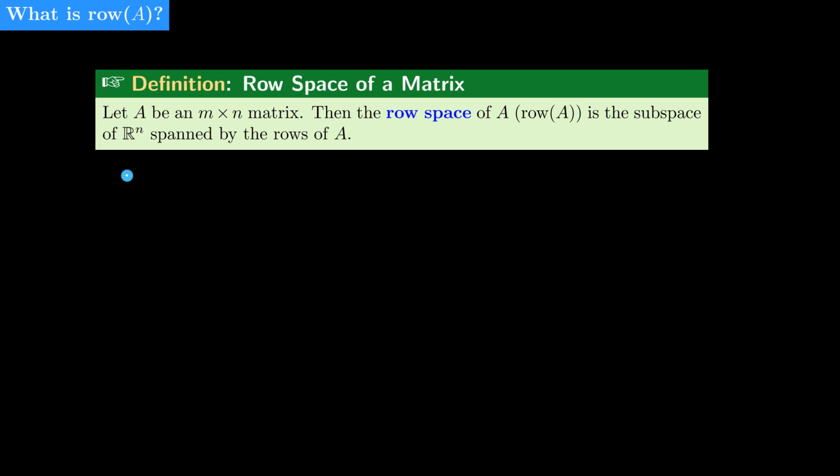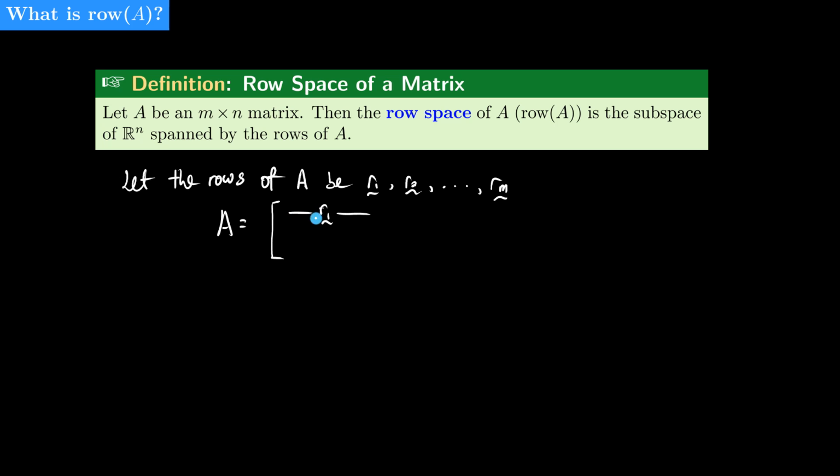So in this case, we let the rows of A be R1, R2, all the way to Rm. Then A can be expressed as the rows of the matrix R1, R2, all the way to Rm.